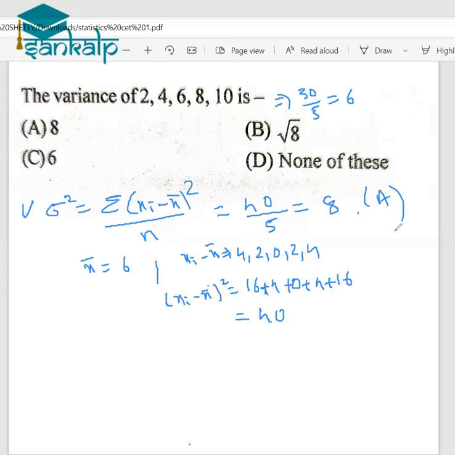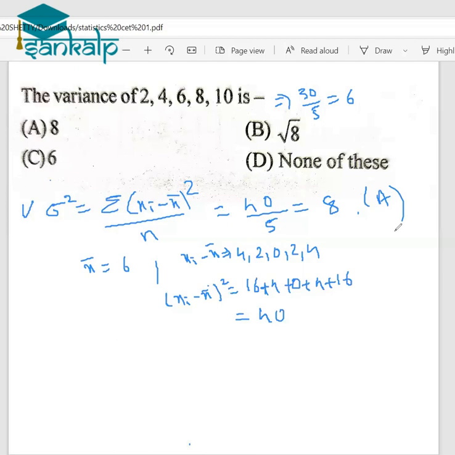So these were a few examples related to the topic statistics. One or two questions at the most will be asked from this topic in CET. Every year at least one question is fixed, and one question may be asked at JEE level.